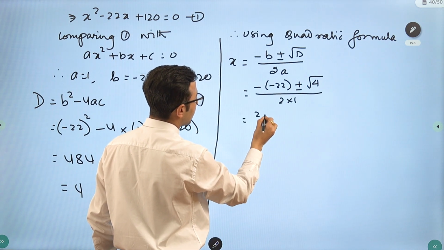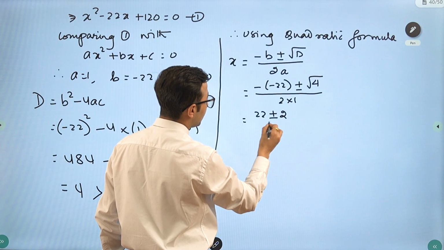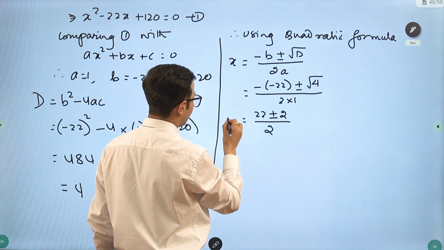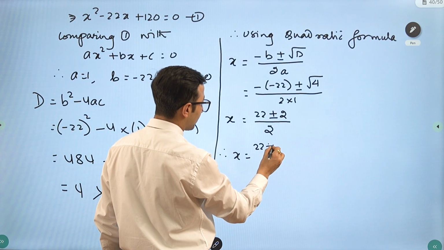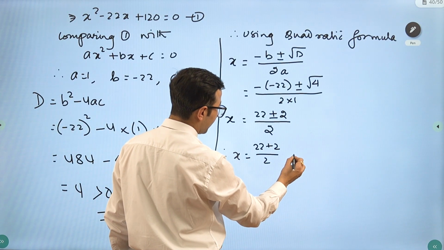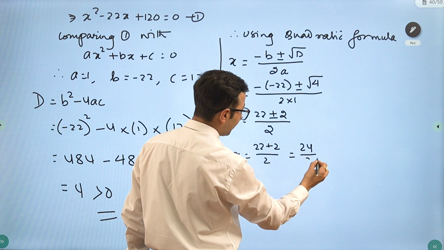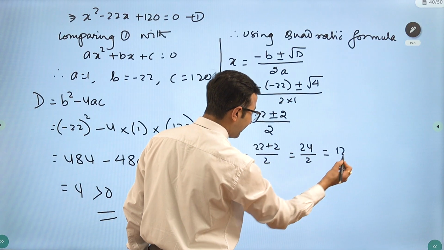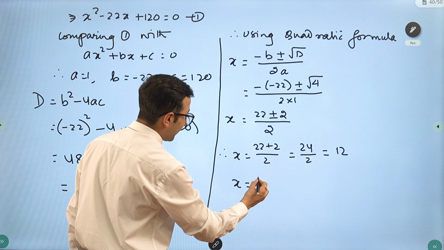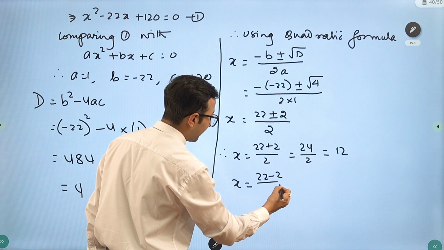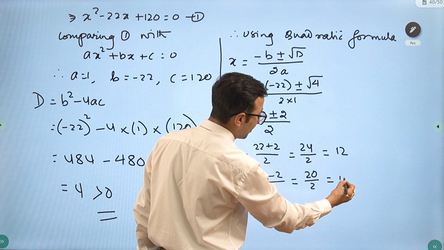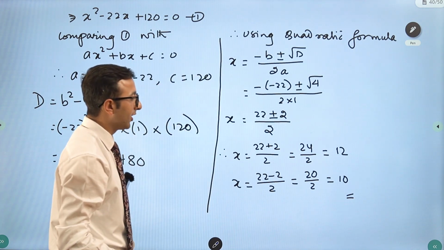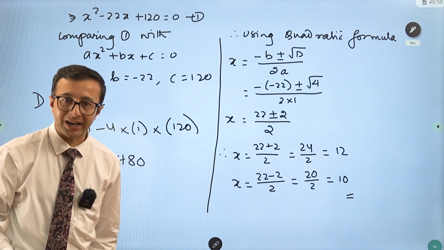So it will be 22 plus minus 2 divided by 2. That is the value of x. Therefore the value of x will be either 22 plus 2 by 2, which is 24 by 2, which is equal to 12. And the other, if you use 22 minus 2 divided by 2, which is 20 divided by 2, which is equal to 10. Now look here, at the end we have two positive values.